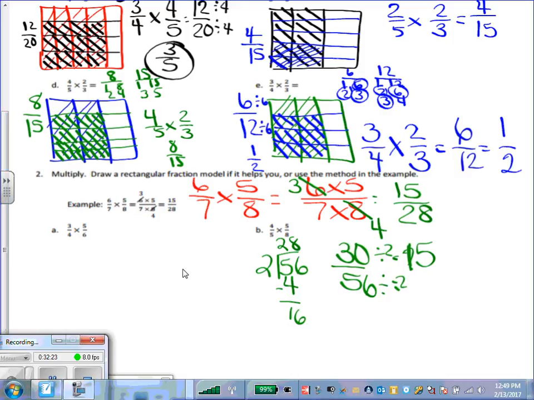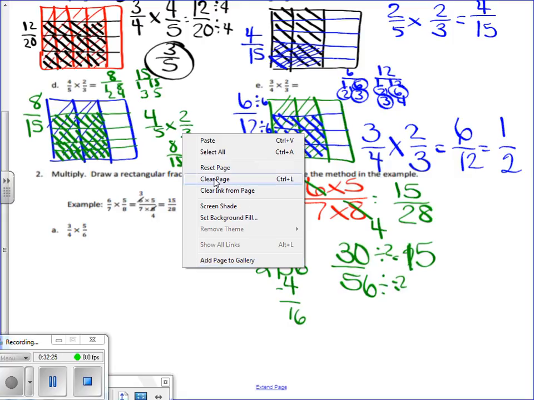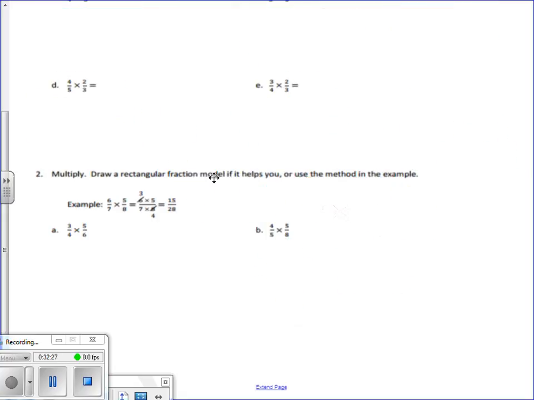So let me clear this off. All right, so with the 3/4 times the 5/6, then I'm going to do the smoosh math. So I'm going to smoosh these top two together. 3 times 5 over 4 times 6.